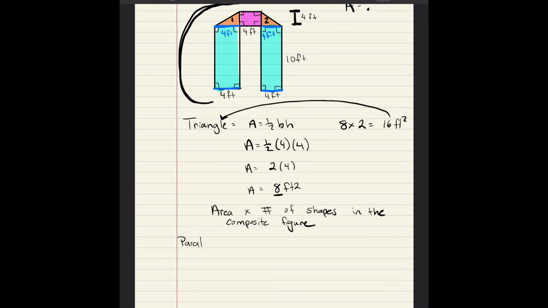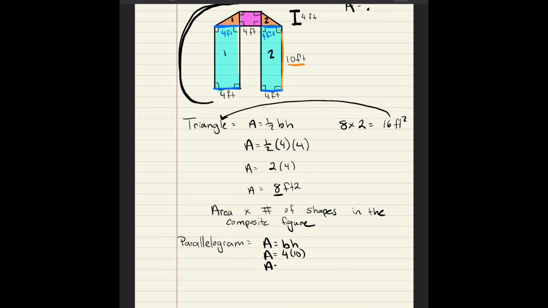Now I can do my parallelograms. Which is area equals base times height. I'm going to plug in what I'm given. So the base is 4 and the height is right here. See the orange line? So it's 10 feet. So I'm going to plug in 10 into my height.